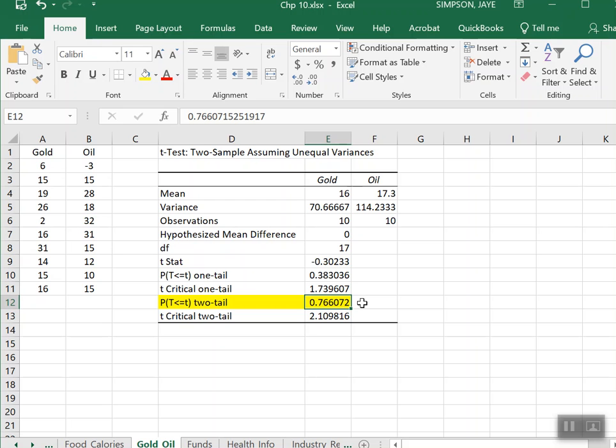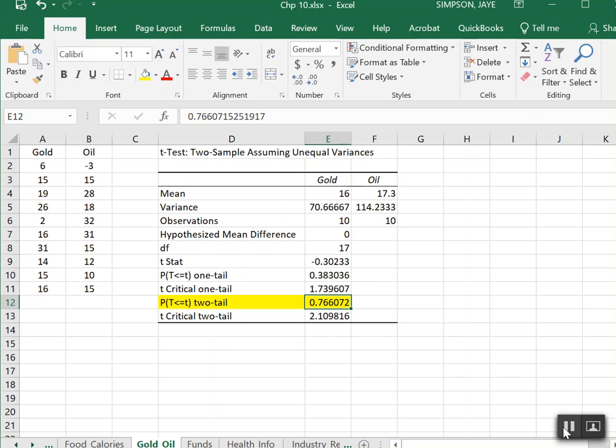I can see that the means are different. Oil has a slightly higher mean return at 17.3% versus 16% for gold, but that's not a statistically significant difference with 95% confidence. So I cannot reject the null hypothesis in this situation.